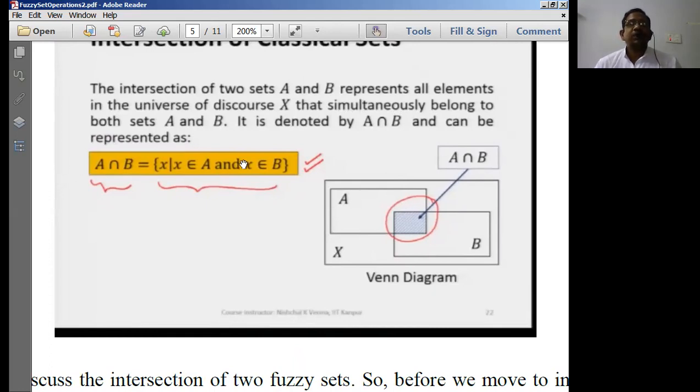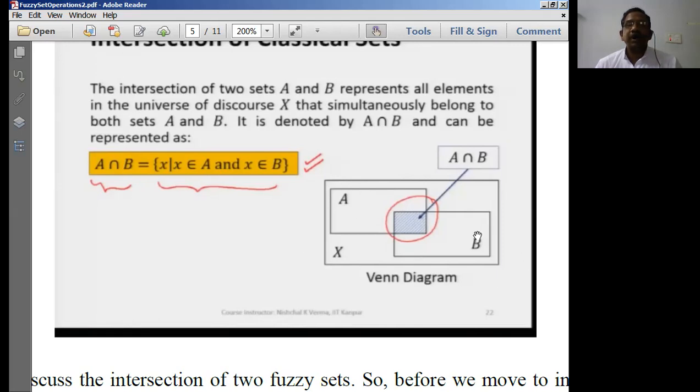So we can write this as X being the set of elements joined with a condition called AND. AND means both should be present. Only those things we take as the intersection. So X belongs to A and X belongs to B.